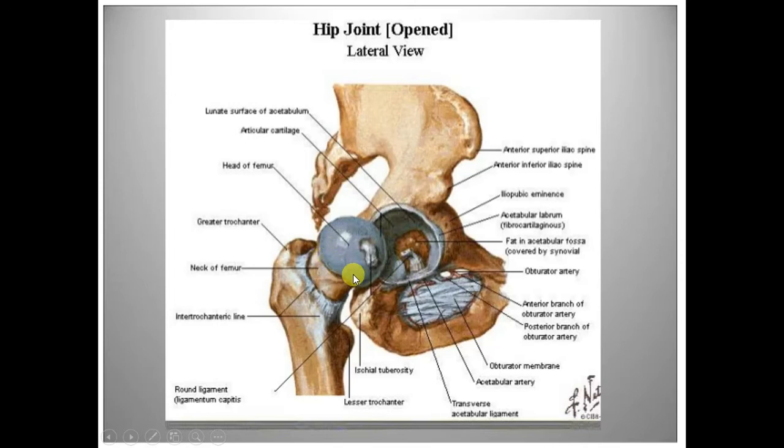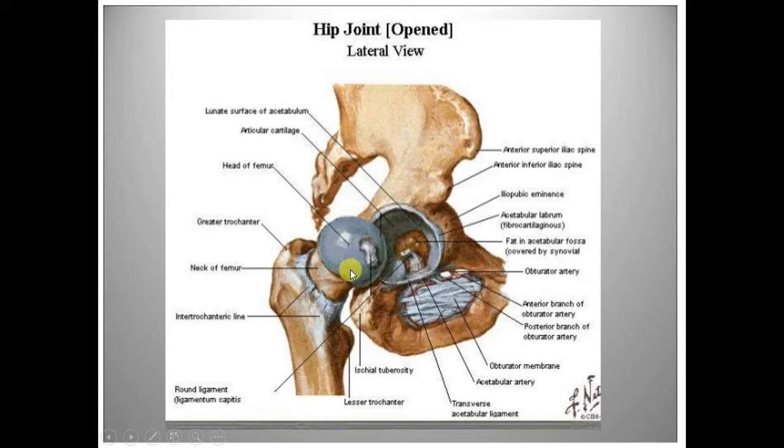And here the head of the femur, covered by hyaline cartilage which is thick posteriorly, has attached the ligament of the head of the femur, the ligamentum capitis or round ligament, attached here to stabilize the joint.